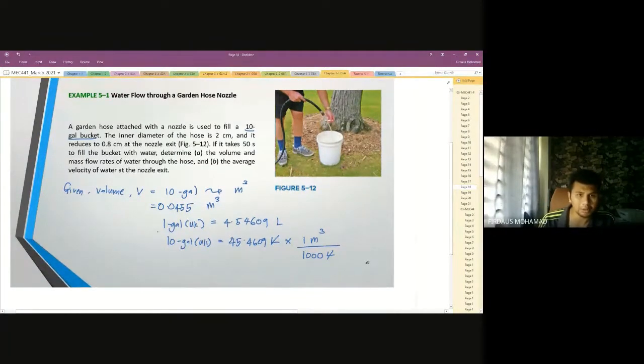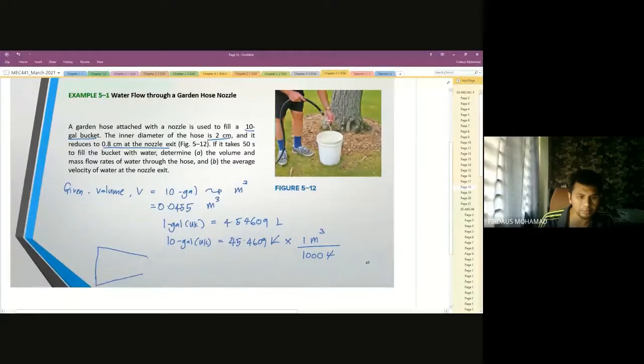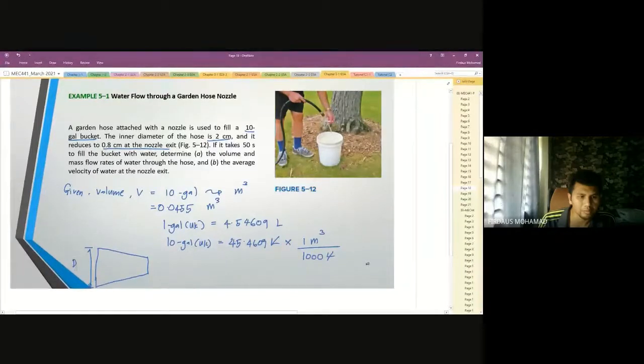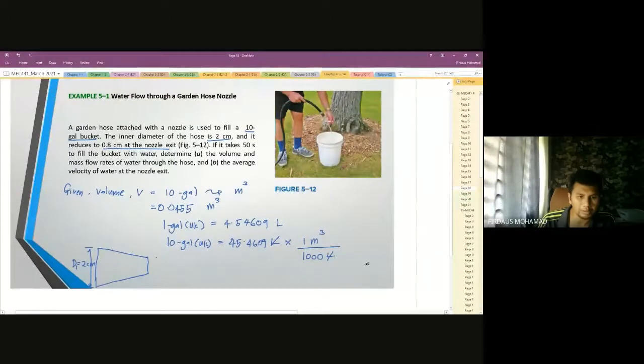And then the inner diameter of the hose is 2 cm and it reduces to 0.8 cm at the nozzle exit. What does this mean? It has a nozzle, side view of the nozzle. So D1 equals 2 cm and then reduces to 0.8 cm.